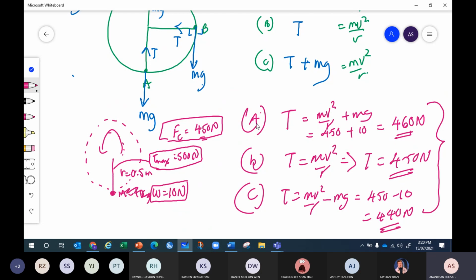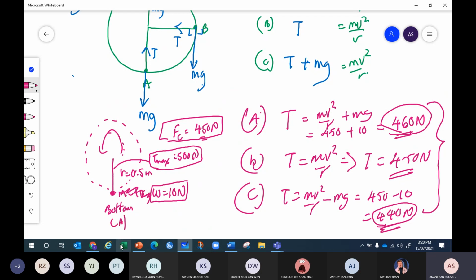At A, right? The tension is 460 Newton. At the top, the tension becomes 440 Newton. So the tension becomes maximum at the bottom, which is A.